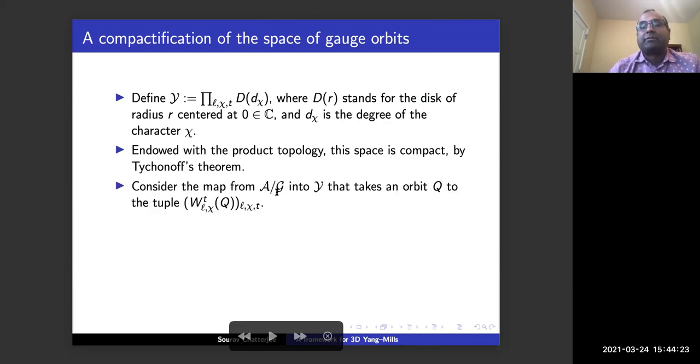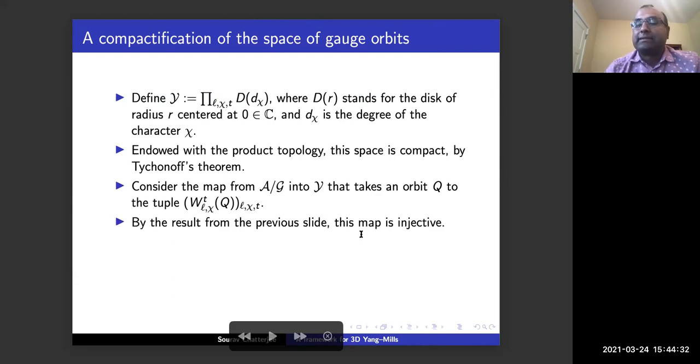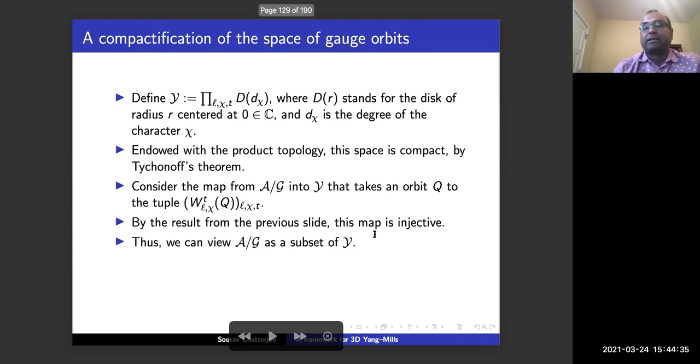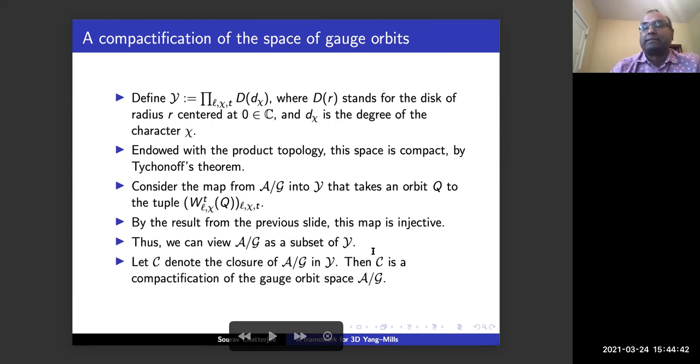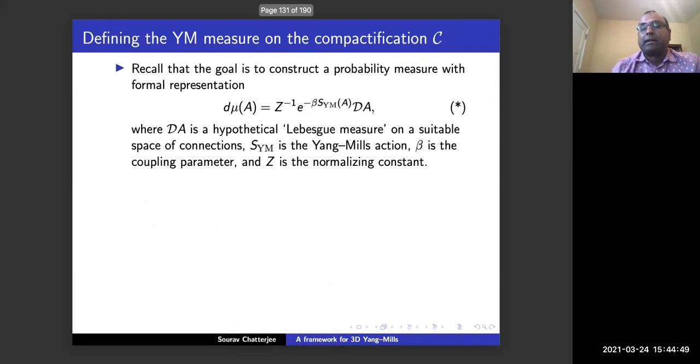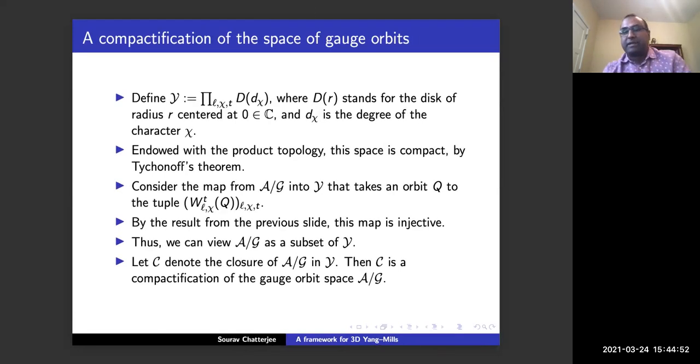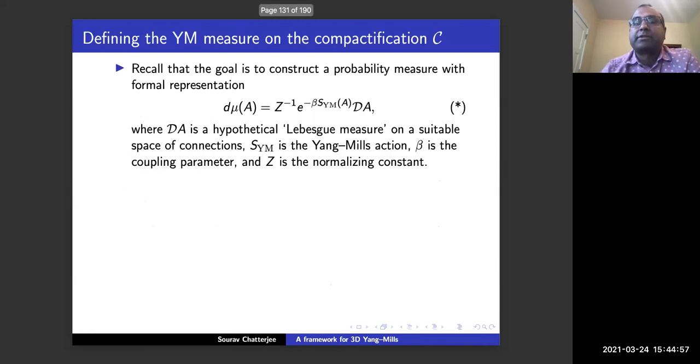Then you consider the map from the quotient space into this space, which takes an orbit to this tuple of regularized Wilson loop observables. By the result from the previous slide, this map is injective. So you can naturally view this quotient space as a subset of this product space. Then you can take the closure of this, and this is a compactification of the gauge orbit space. This is a very simple idea of how to compactify, and then you can construct the measures. This is the first, more abstract compactification.